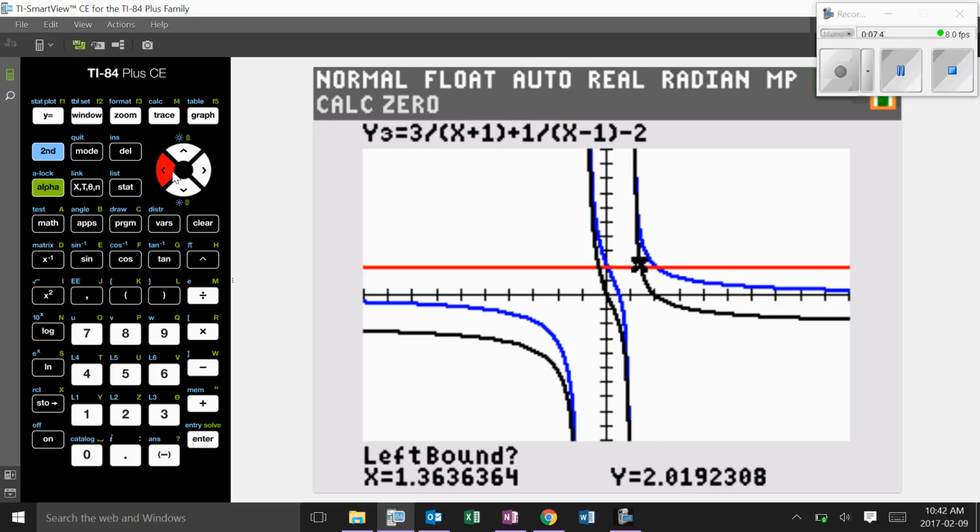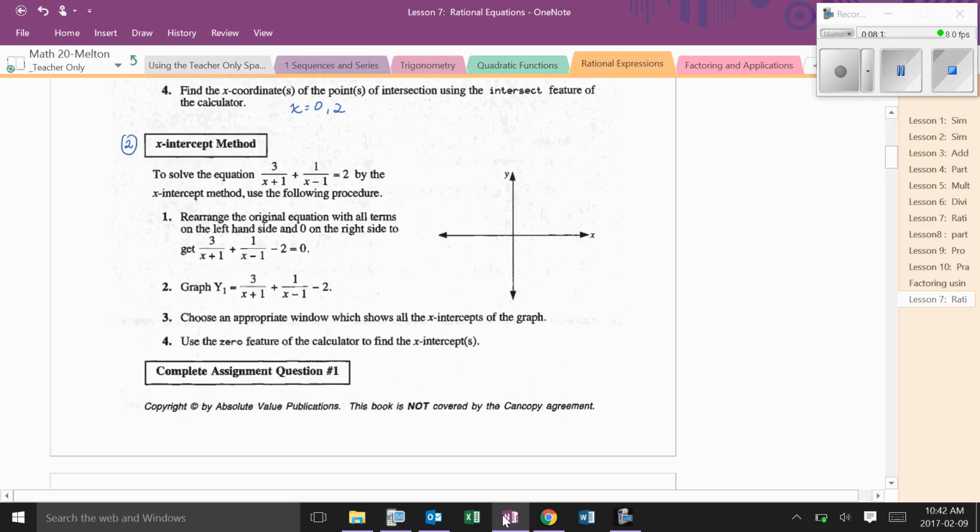So now I am to the left of this x-intercept right here. So we'll hit enter, and we'll scroll to the right to get to the right of that x-intercept and hit enter. And so again, we're going to ask the calculator to find this x-intercept, which is between the two boundaries that we've set out, and hit enter. And of course, it is x equals 2.